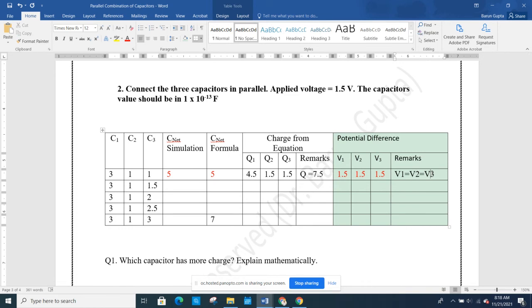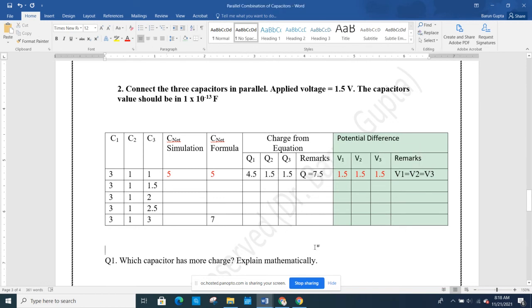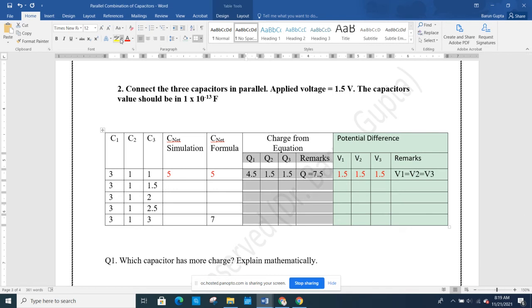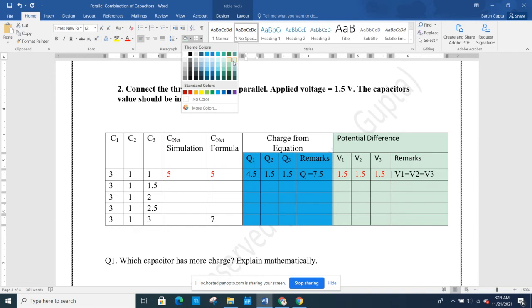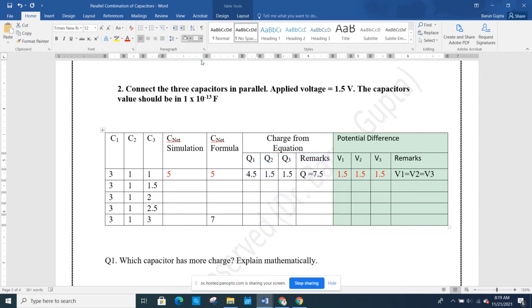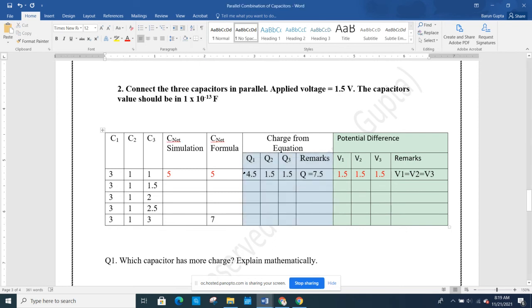Okay. So now let's calculate the charges, and this is from the equation. How do I get this number here? Q1, Q2, and Q3.